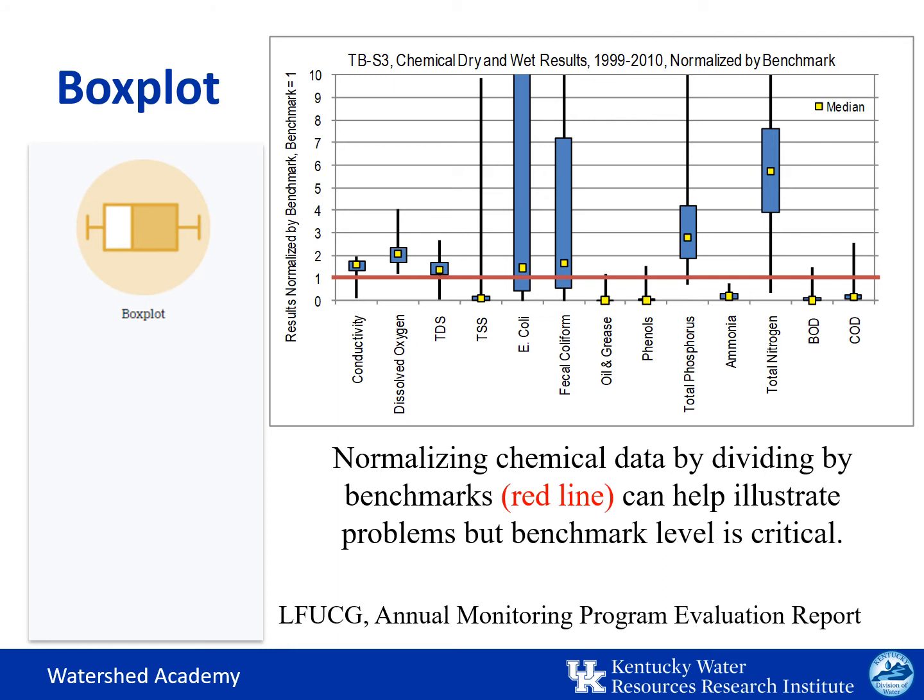So in this case, you can see the number of times higher than the benchmark that the data is located. This allows you to very quickly see that conductivity is a problem, total dissolved solids is an issue, E. coli and fecal coliform, total phosphorus, and total nitrogen need to be addressed. So this is one chart that summarizes a whole lot of information.